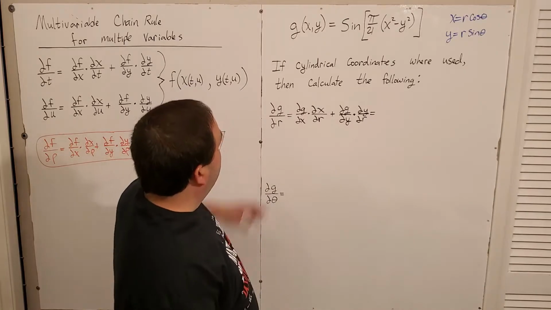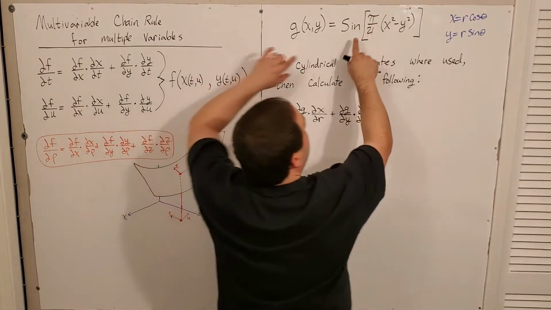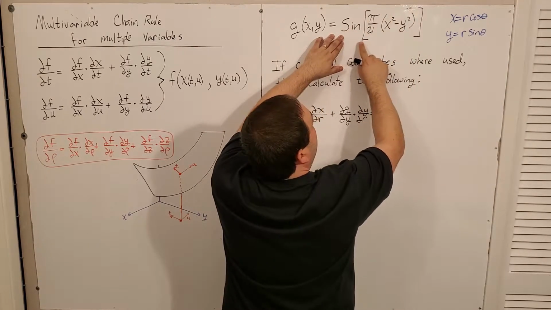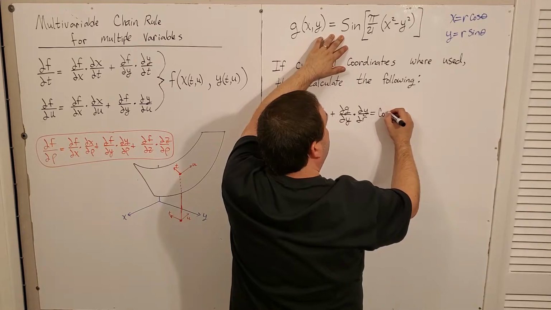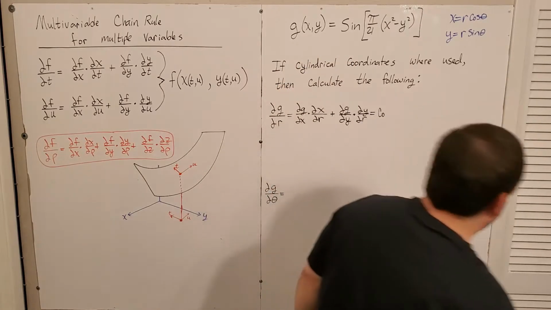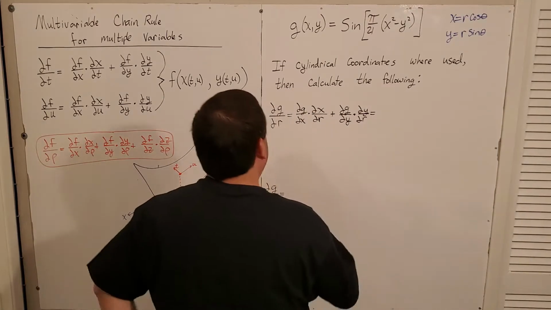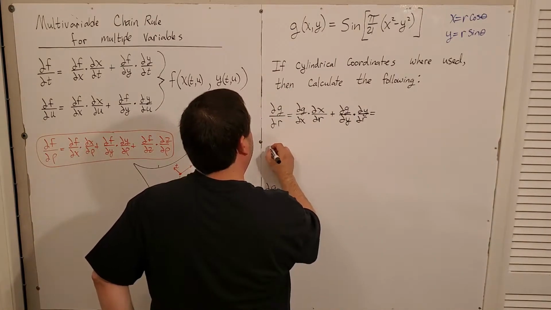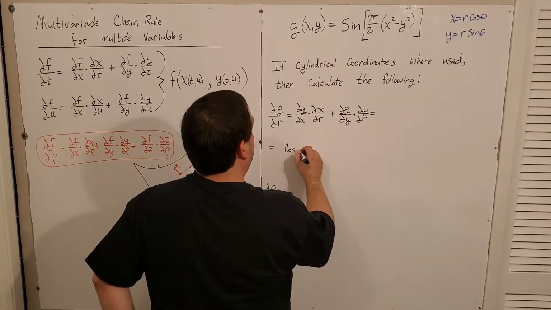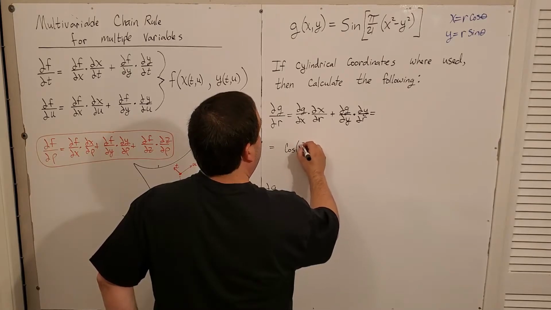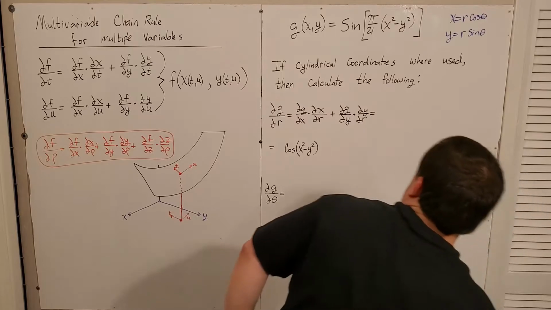So let's see if we can squeeze all this in. The partial of g with respect to x. So I'll be doing the derivative of this thing. I don't think I'm going to be able to fit it all there, so let's go to the next line. I'm going to have cosine of pi over 21 times x squared minus y squared.